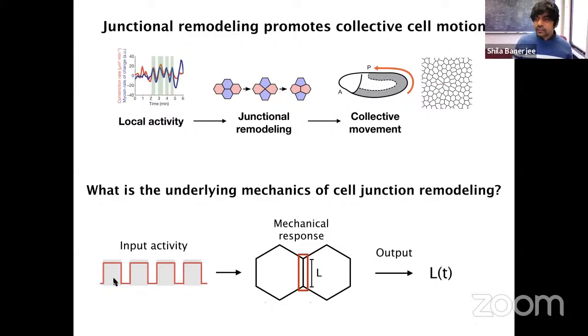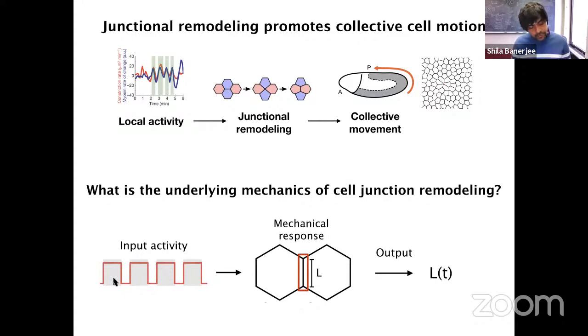So when a signal is on, you expect that the junction will contract. And when the signal is off, if the tissue behaves like an elastic system, you expect that the junction will return to its original length, but that doesn't happen, right? So there is some sort of plastic deformation that happens.